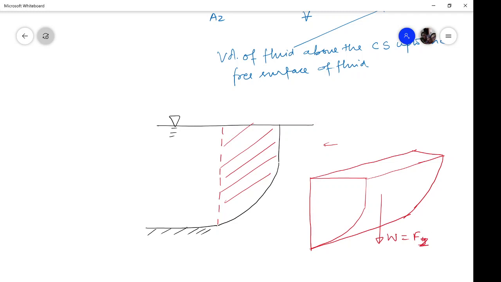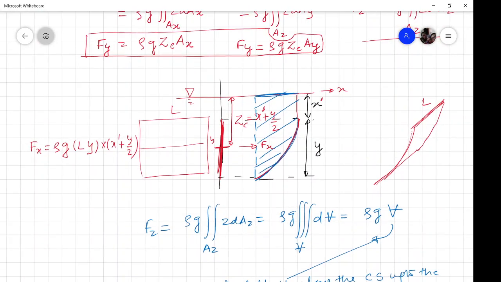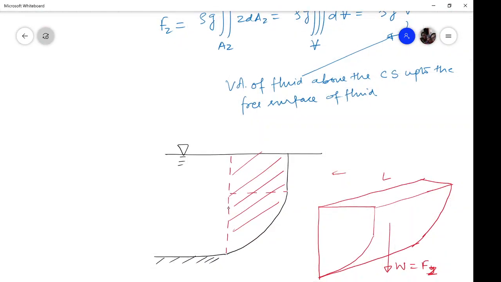In this case this is symmetric in this direction, and assume that this is a quarter circle of radius y. So this is y, this is also y, and this is x prime. So what is the volume? Volume will be the area of this quarter circle, that is 1/4 pi y square, plus the area of this rectangle.